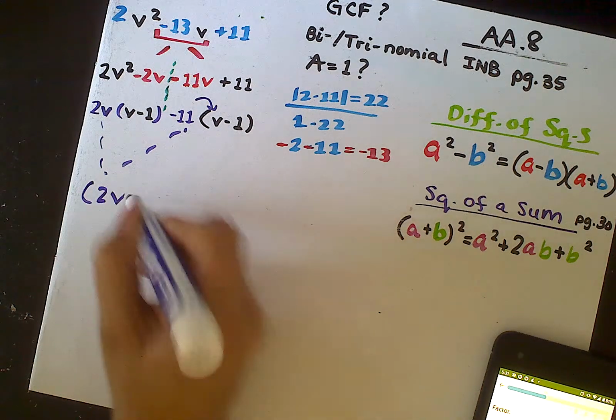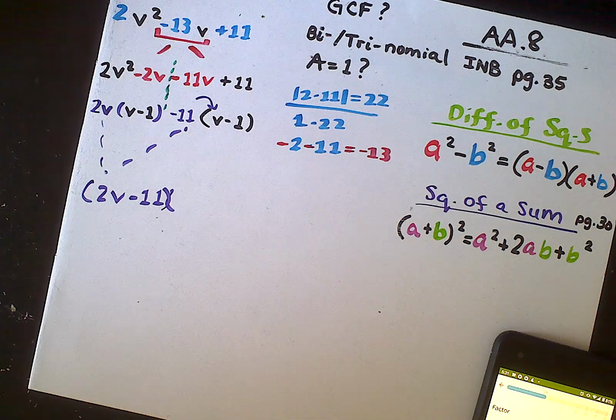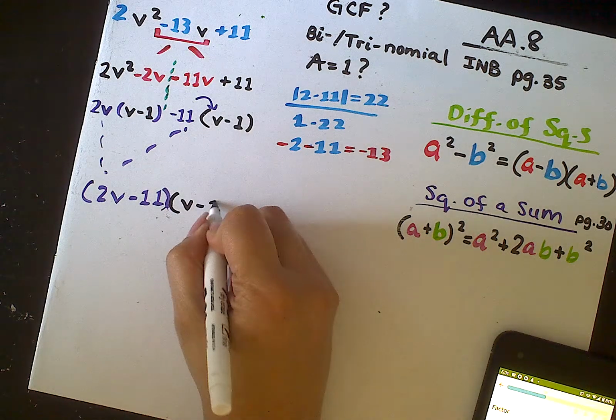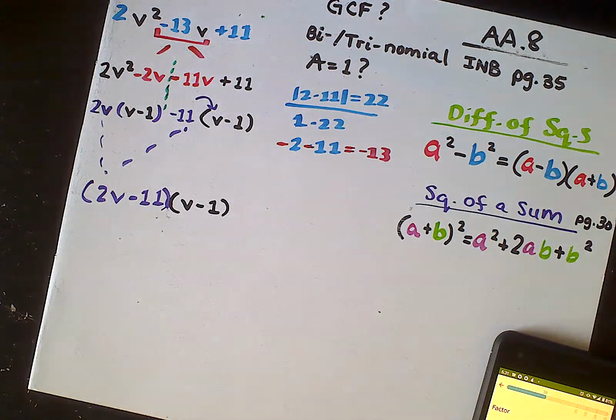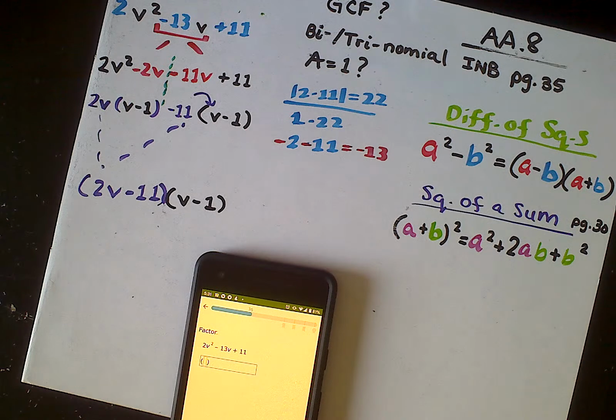So 2v minus 11, sorry, and v minus 1. Love it. Oh, you know what? Maybe it's not a hint because here I have 2 different factors and it's still giving me that double parentheses. 11 and then v minus 1. Make sure I wrote it correctly.